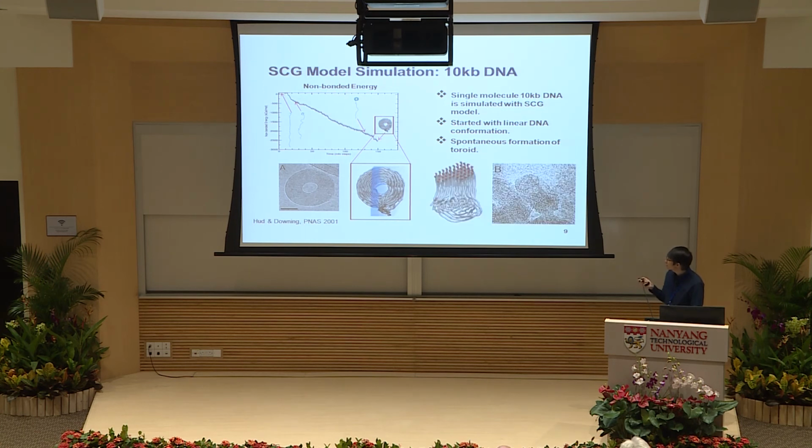Then we tried to see what it would look like if we cut this toroid. What would the cross-section look like? We cut it here. Surprisingly, in the cross-section, the DNA molecules are organized nearly in a hexagonal arrangement.